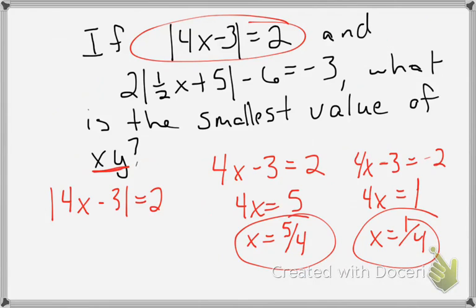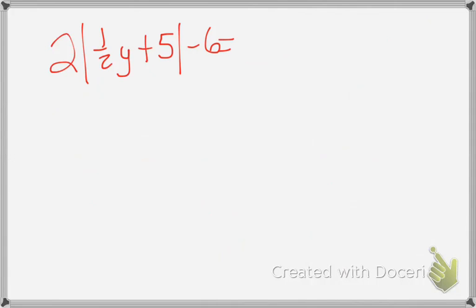Now I need to check for y. So on y, I have the equation 2 times the absolute value of 1/2 y plus 5, minus 6, is equal to negative 3.